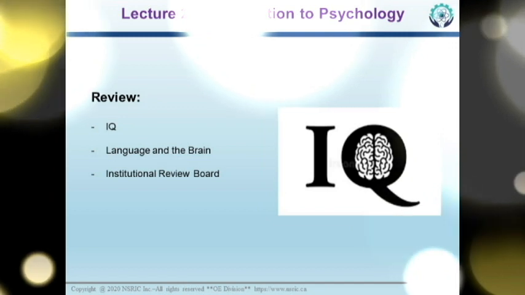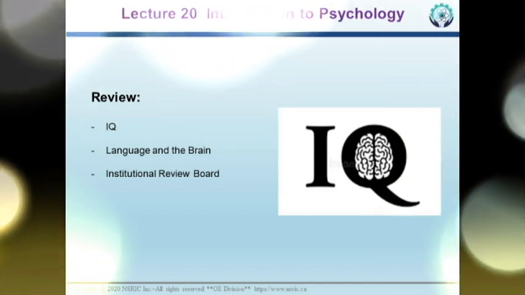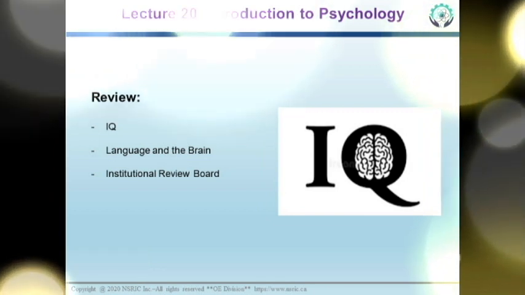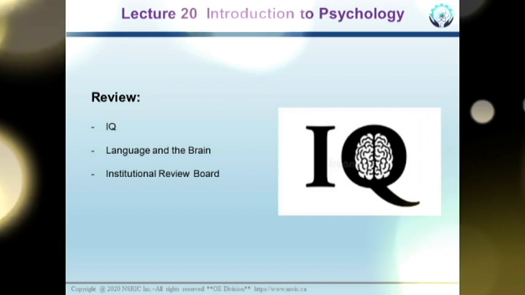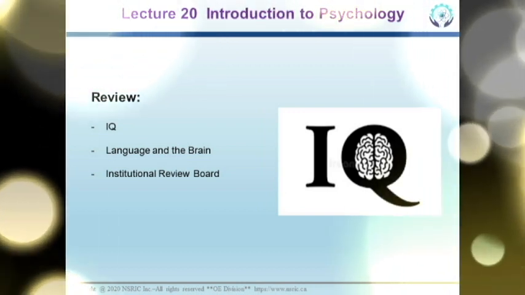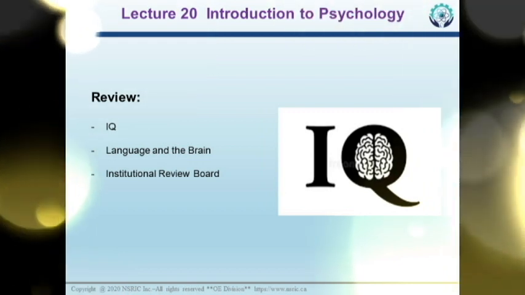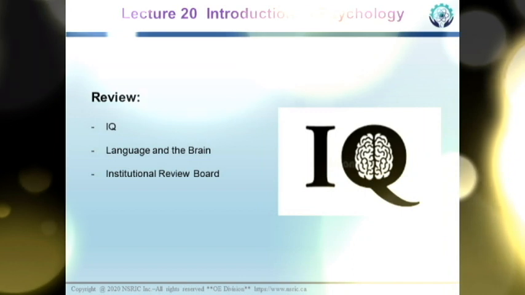Now, the IQ test was originally developed by people like Alfred Binet back in the early 1900s to help identify students who needed extra assistance in school. And since then, it's been revised and expanded to become a widely used measure of intelligence.